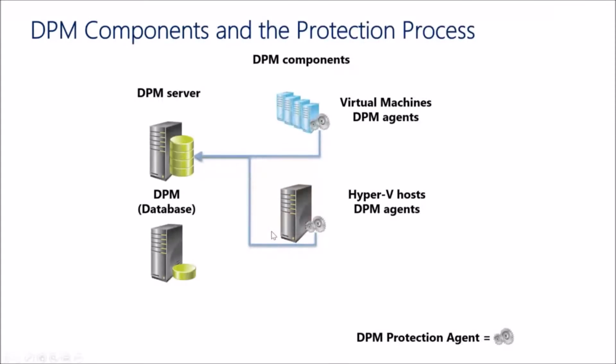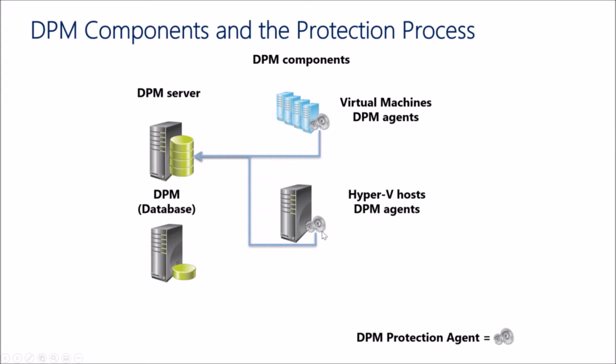Let's have a look at the picture of how DPM can allow us to protect our virtualization infrastructure. So let's have a look at this diagram. We've got Hyper-V hosts with virtual machines running on them, as we know. But there are also these agents.